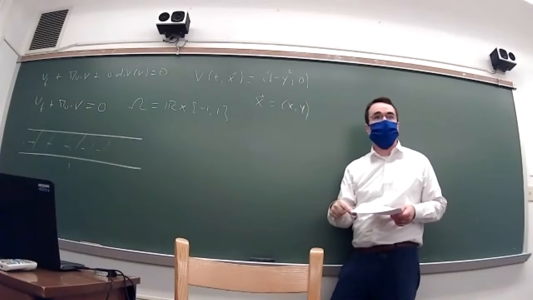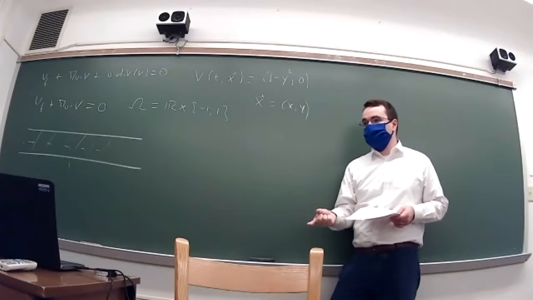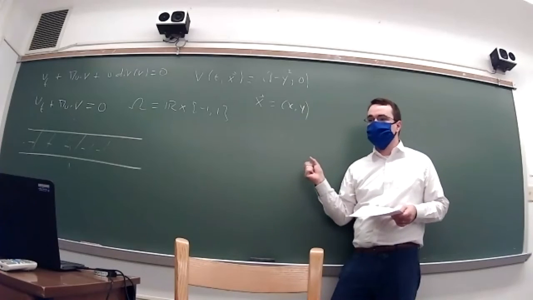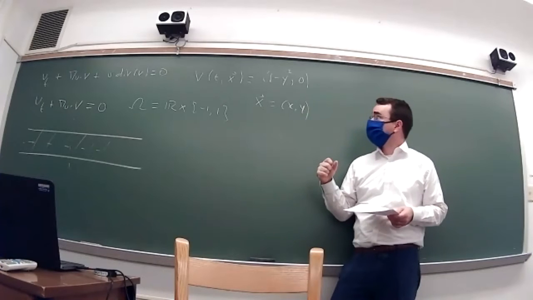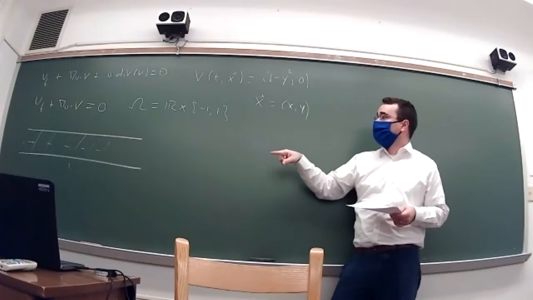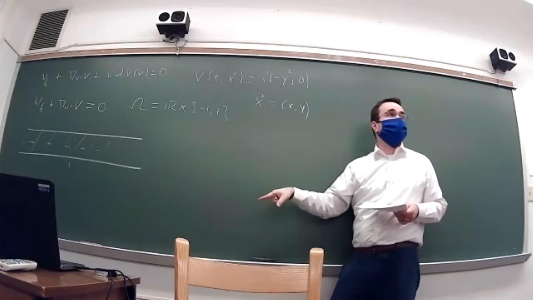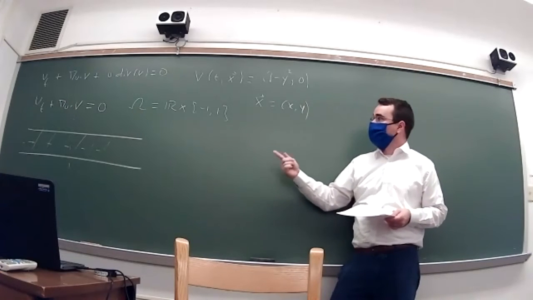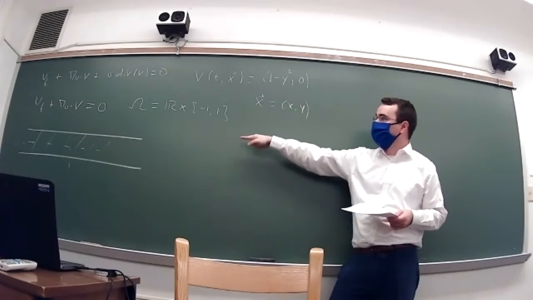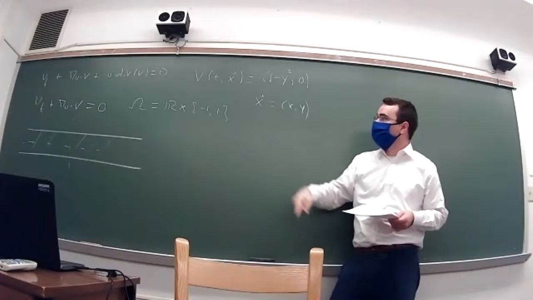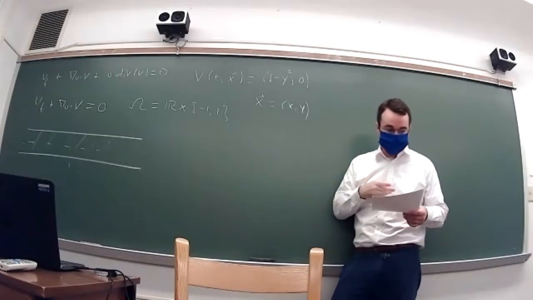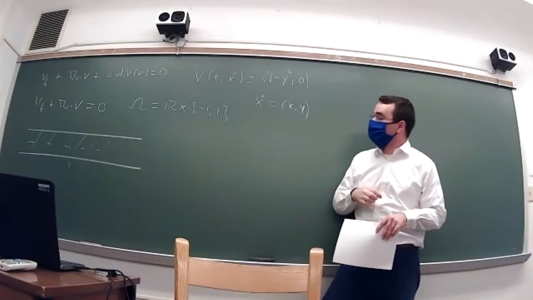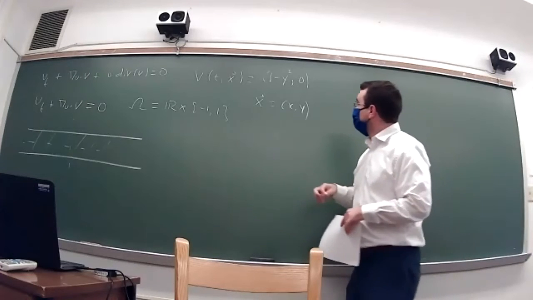Two things I'll note about this: you can quickly verify that the divergence of v is equal to 0, and that v restricted to the boundary is also equal to 0. The boundary, of course, being the horizontal line determined by y equals -1, and the horizontal line determined by y equals +1.